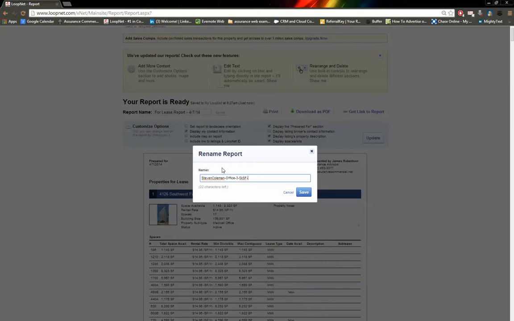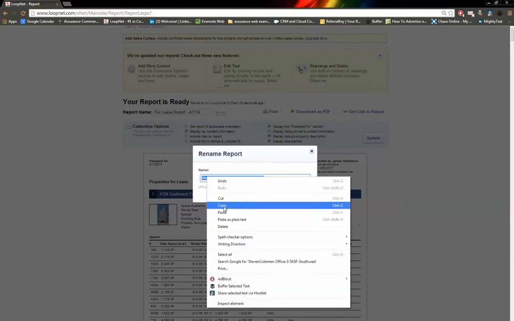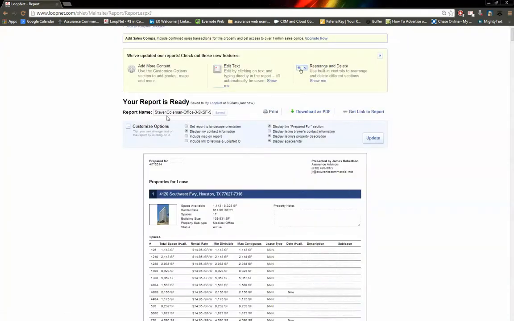We want to put the market, Southwest. And I like to highlight this and copy it because I'm going to use it again, and save that. So that's the name of the report. That makes it easy for you to find it later. And when I put prepared for, I like to put the same thing so that the file name matches.